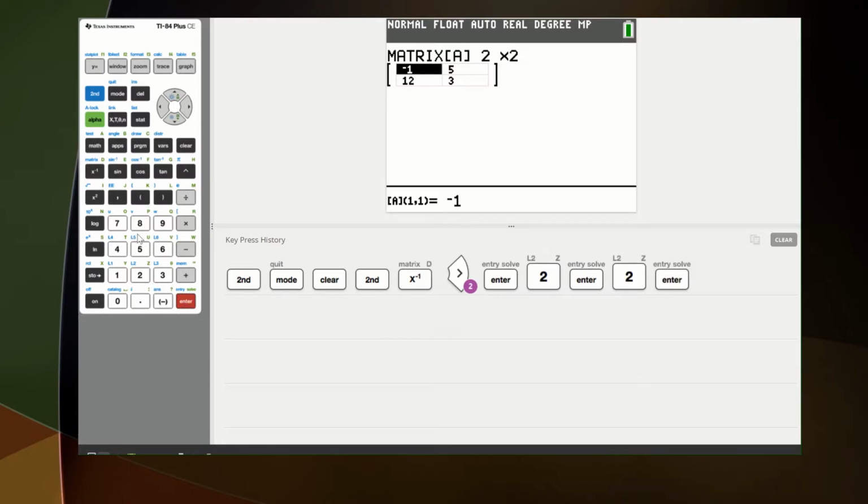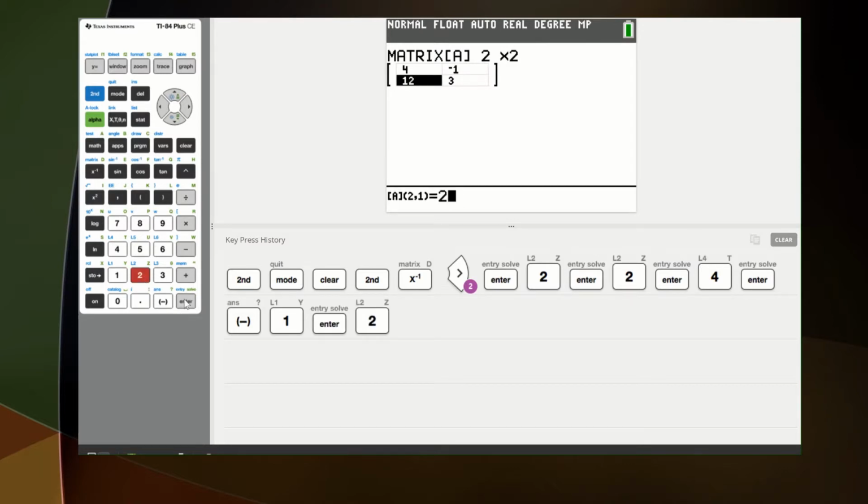And let's see, it was 4, -1 across the first row, and the second row was 2, -2. All right, that looks good, so I'm going to hit second quit.